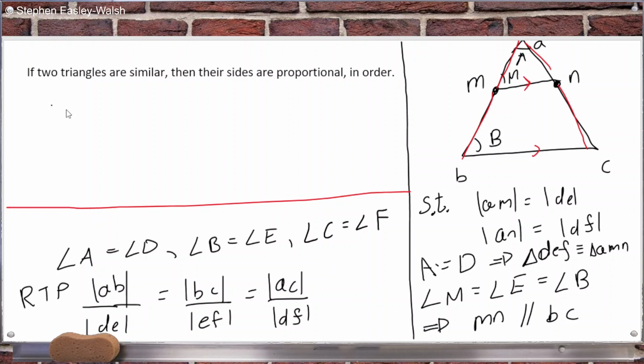So that means then that AM over MB will equal AN over NC. Okay, getting closer.